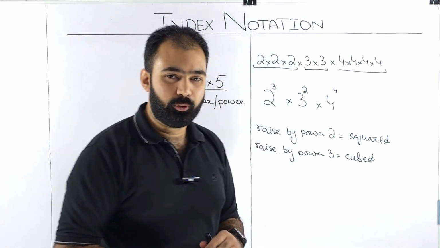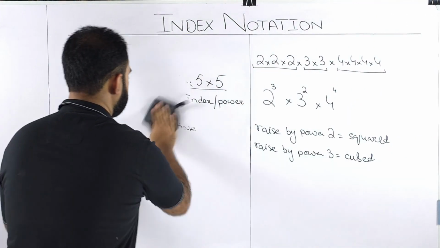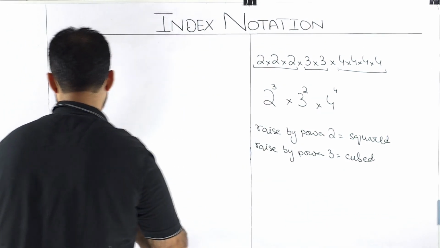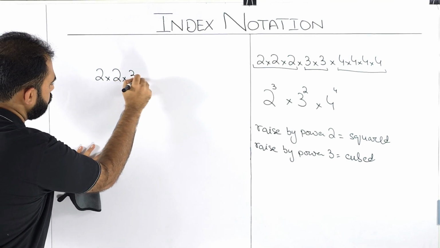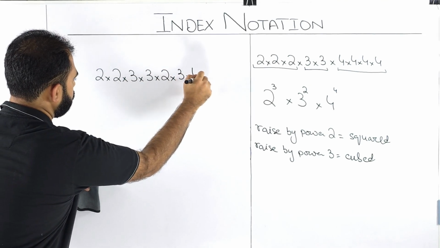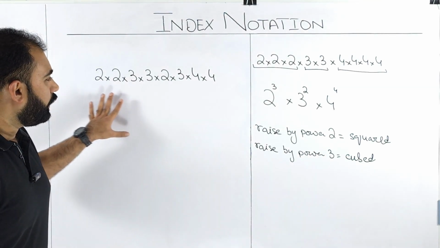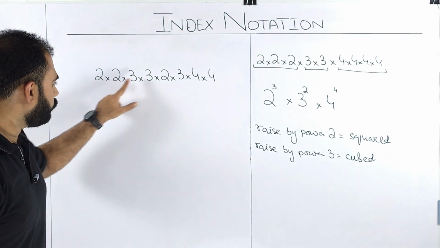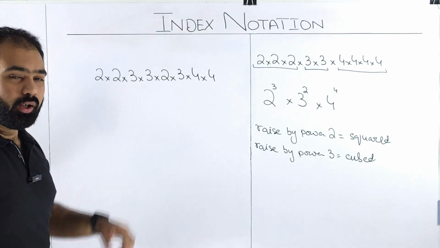Let's take another example. Now again we have a multiplication string, and we have numbers similar like 2 2 2 here, 3 3 3 here, and 4 4 here.